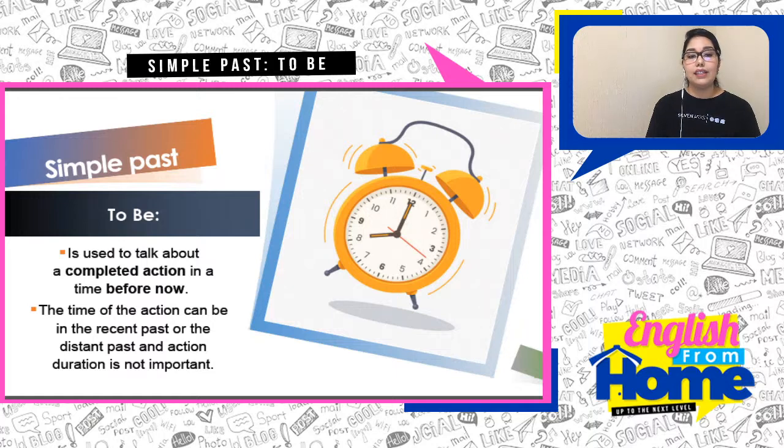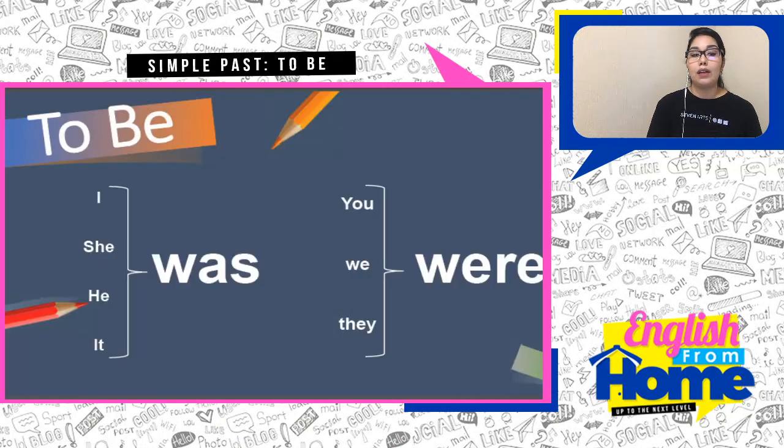We already know that this is used to talk about a completed action at a time before now, in the past, remember? The time of the action can be in the recent past or the distant past. The action's duration is not important. As long as it happened in the past, not now, but before, we have to use the simple past. In this case, we are learning the simple past for the verb to be.